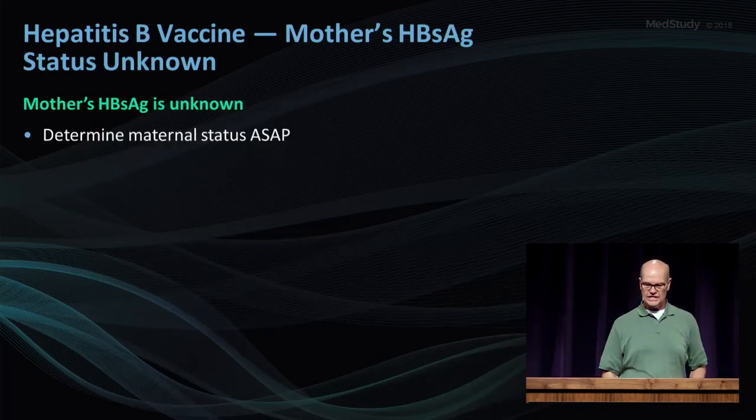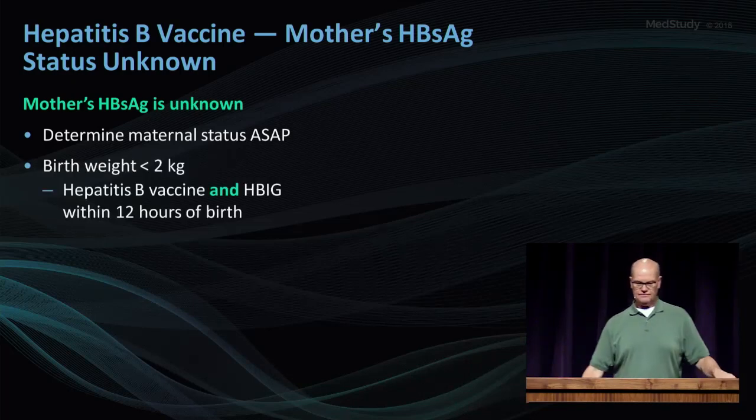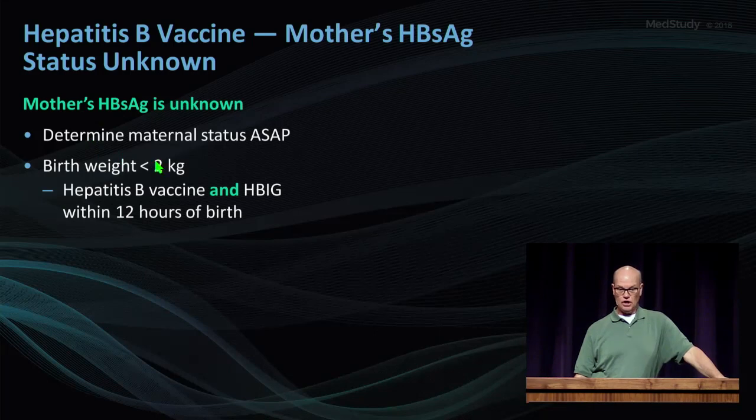Now, if mom's status is unknown, obviously you want to determine her status as soon as possible. If that child's birth weight is under 2 kgs, go ahead and give the vaccine and the immunoglobulin as if she were positive.